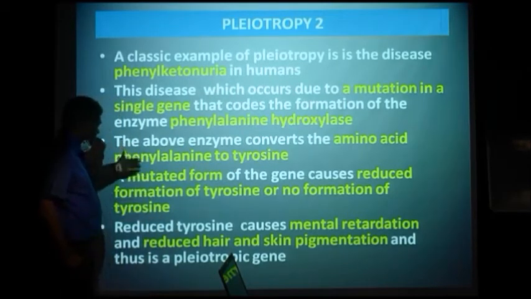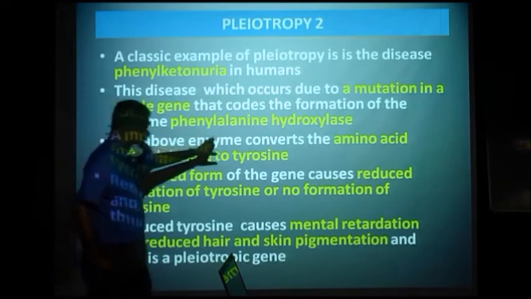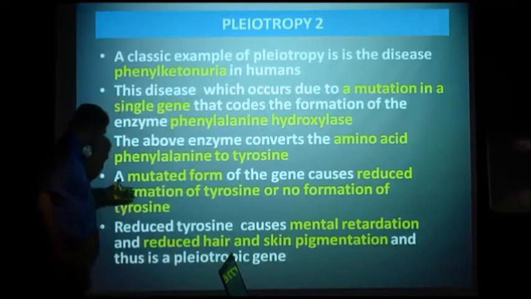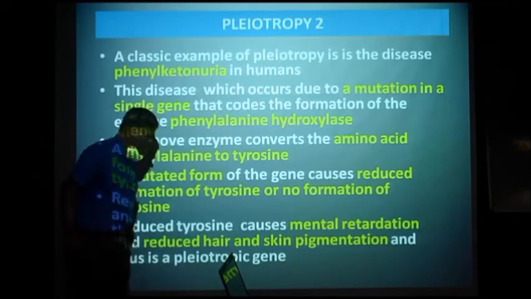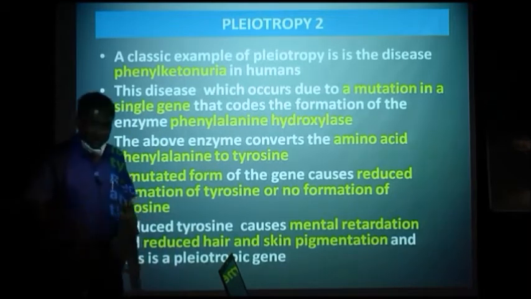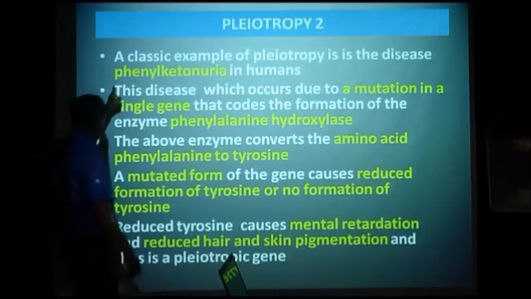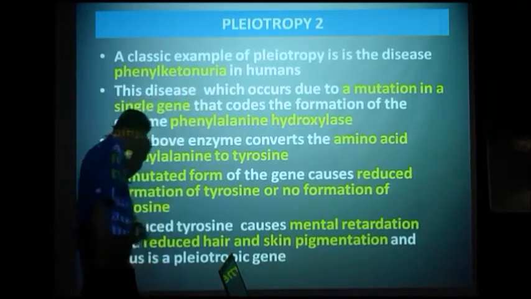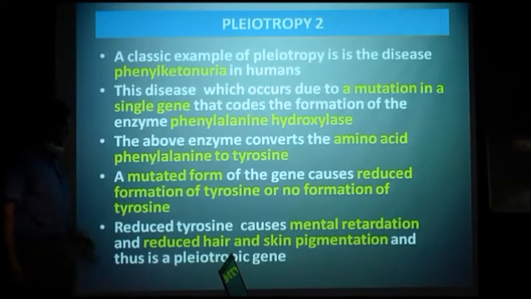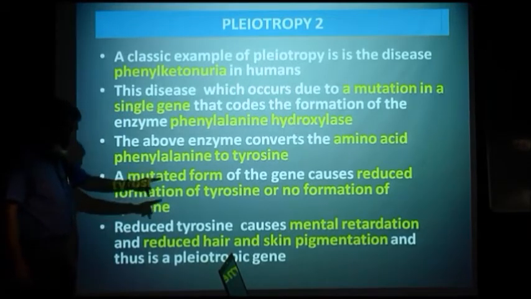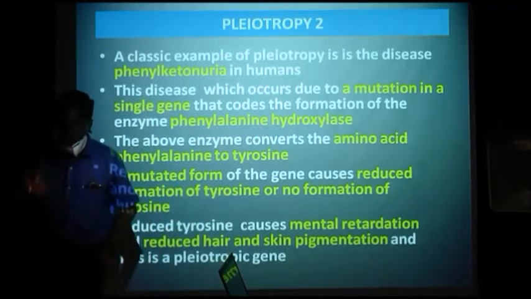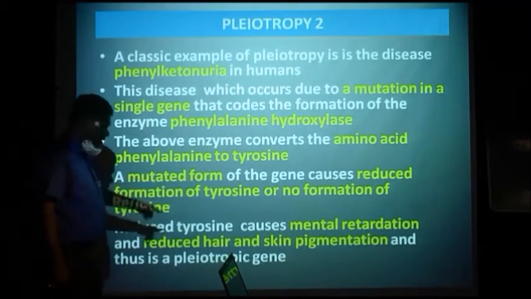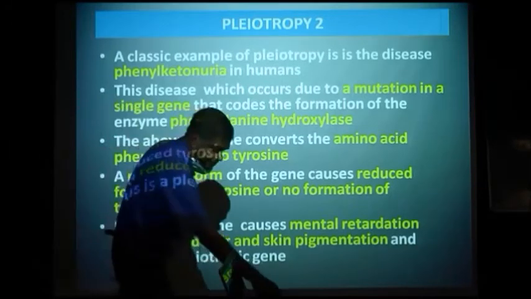In case of a mutation in the gene for phenylalanine hydroxylase, we do not get sufficient tyrosine or no tyrosine is formed. When there is less tyrosine, we get the disease phenylketonuria, and it results in mental retardation, reduced hair and skin pigmentation. So, one gene is controlling 3 characters here.